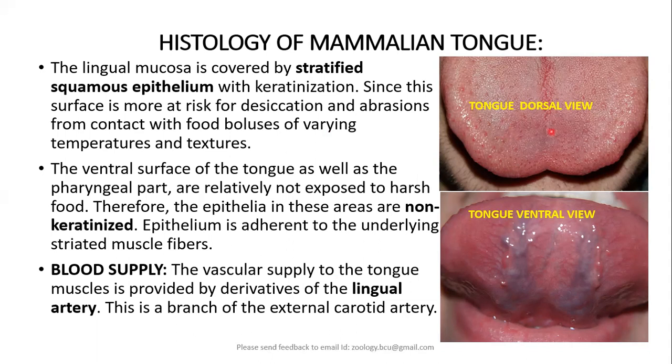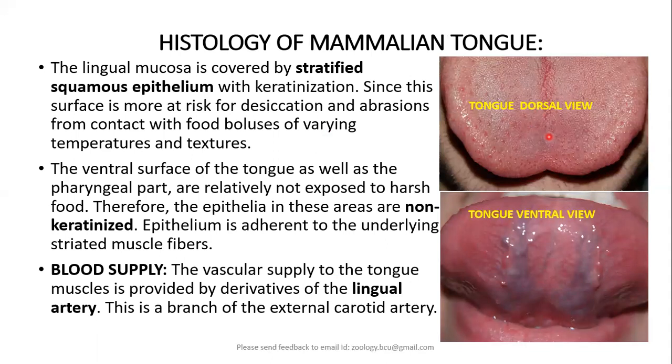That is, dorsally it is highly keratinized or cornified because the dorsal surface of the tongue is more at risk for desiccation and abrasions from the contact with food boluses of varying temperatures and textures.